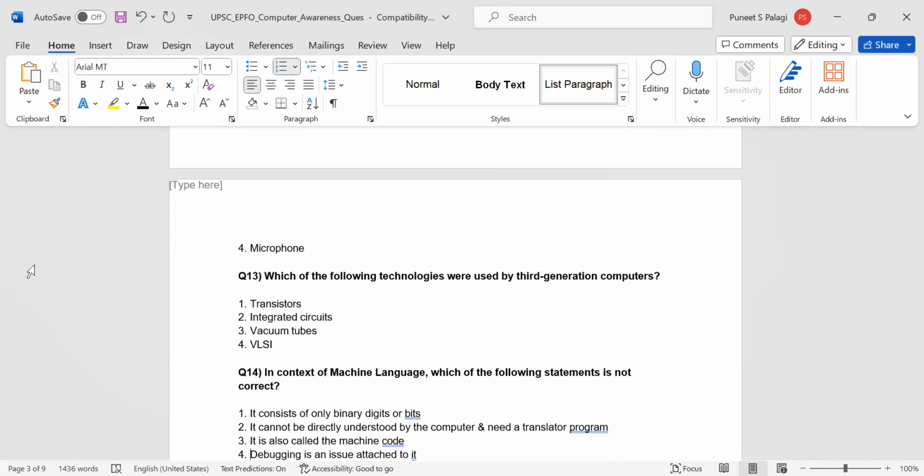So the technologies used also will be very sophisticated. So is it transistors, integrated circuits, vacuum tubes, or VLSI? See the options.